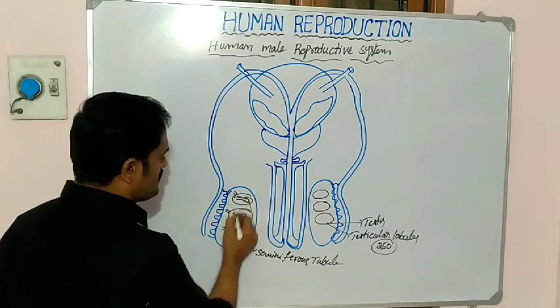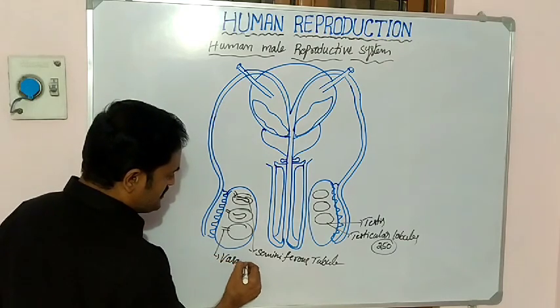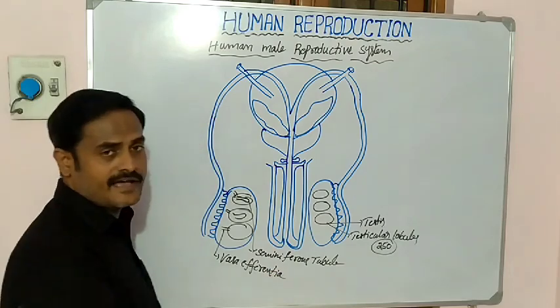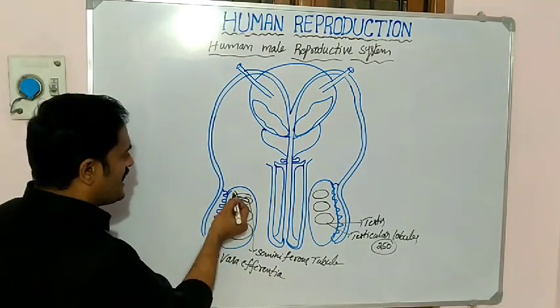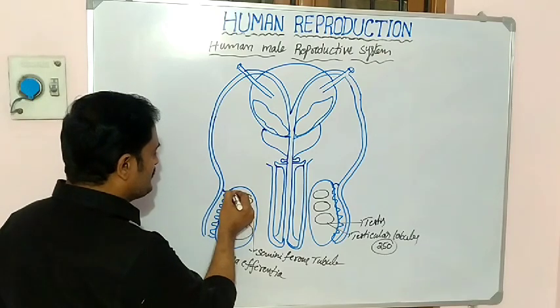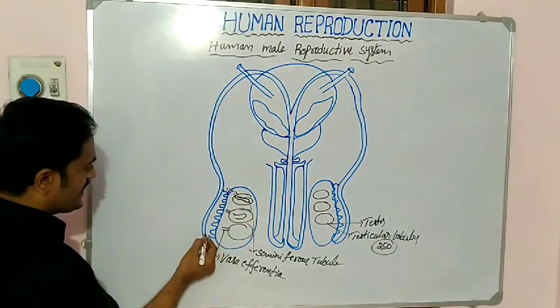These tubes are called vasa efferentia. From the vasa efferentia it reaches one highly coiled arrangement.